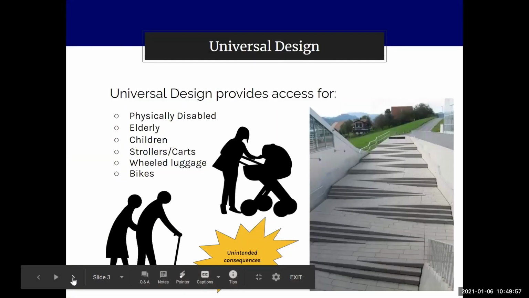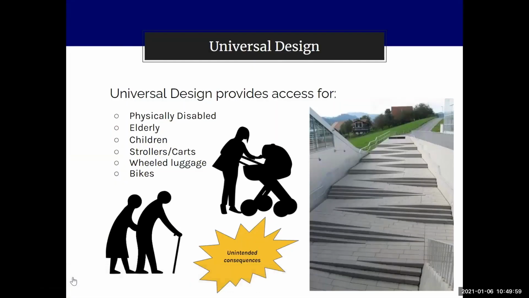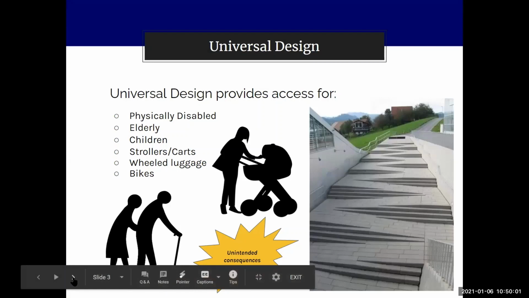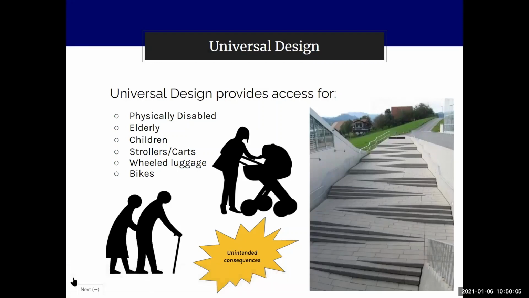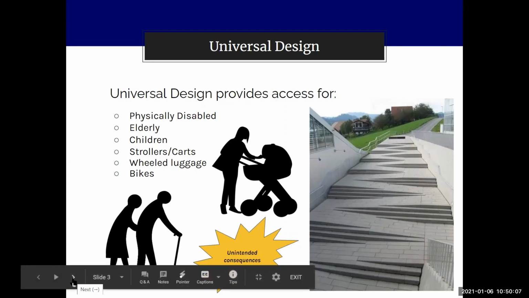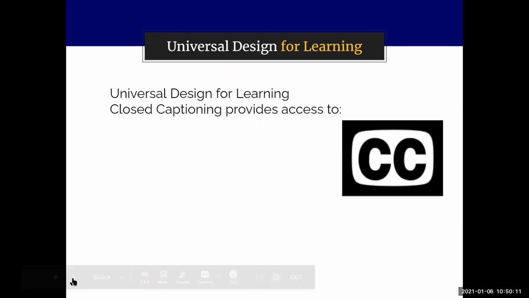I went over a lot of universal design when I first started doing this session. I sent out a survey to get feedback, and a lot of the feedback was not to spend too much time on this, so I'll just go through the slides.